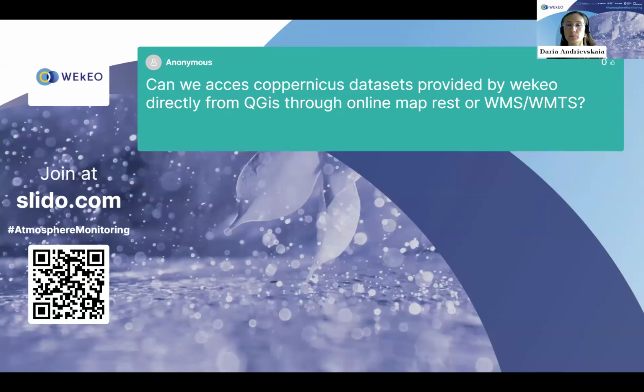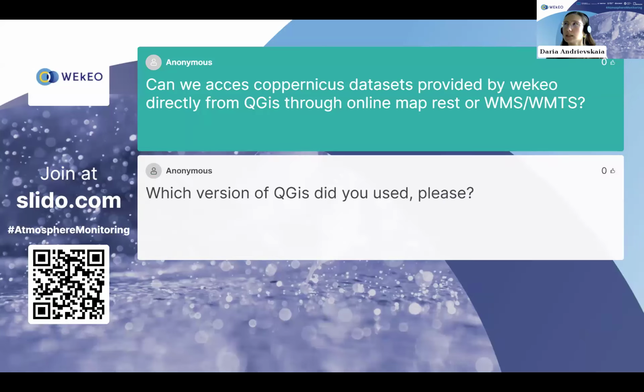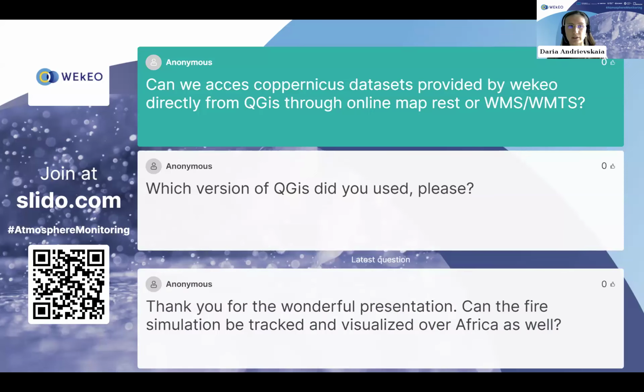I know that there are plugins that allow access to satellite imagery, from Sentinel-2 for example, directly from QGIS, but from which source it is fetching, I don't know. And about Copernicus Marine or WEkEO or climate or whatever, I cannot answer that.